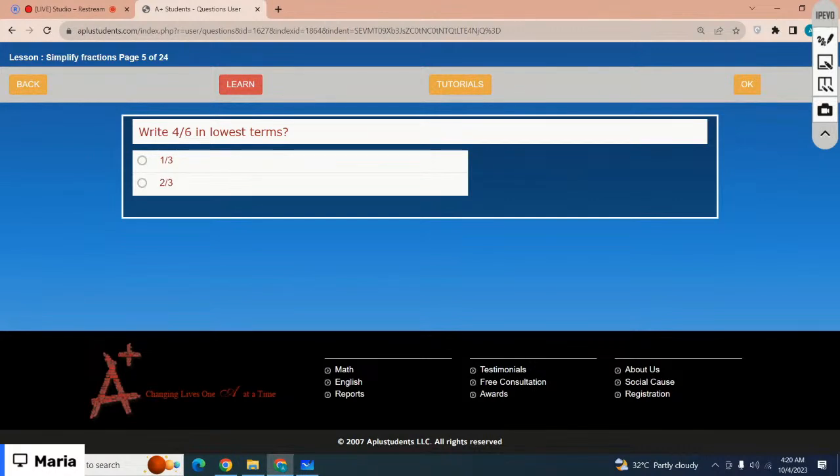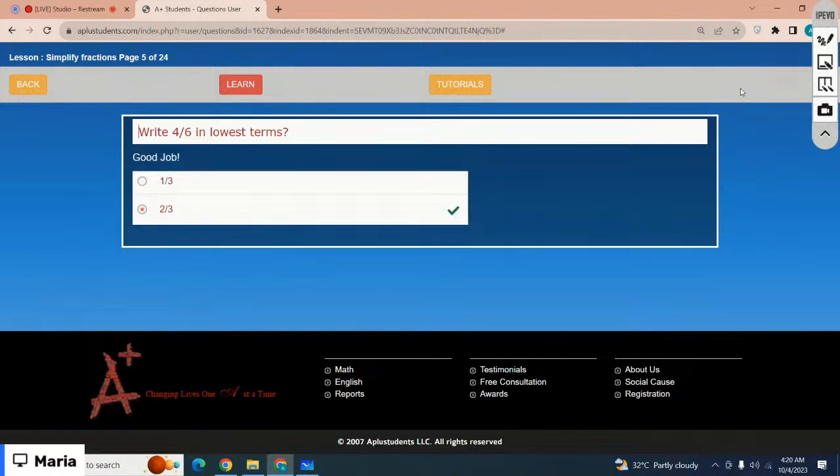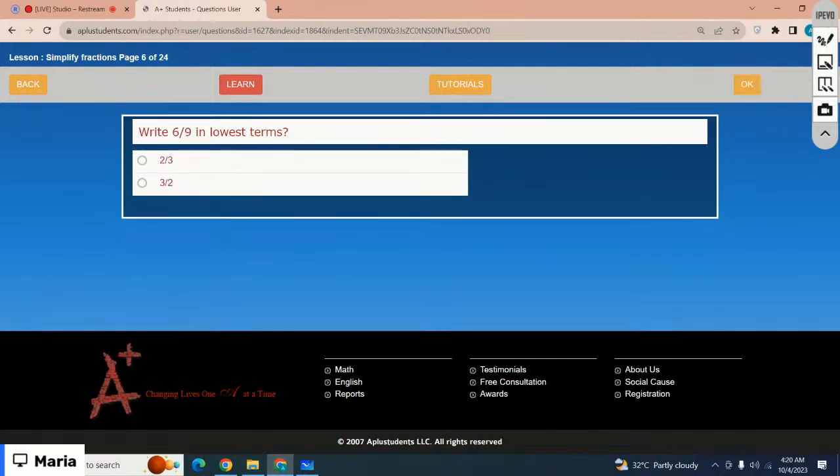You can divide them by the, yes, very good. That is 2 over 3. You can divide them by the common number 2. So that would be 2 over 3, right? Okay, the next one is write 6 by 9 in lowest term. So which is the correct option?